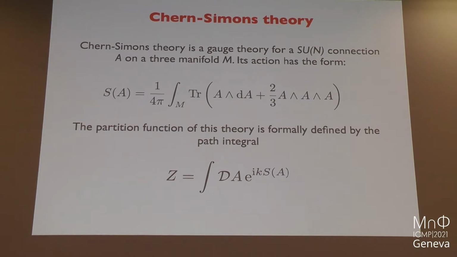I cannot review all this in detail here, but what you can do definitely is, at least formally, to define the partition function of this theory as a formal path integral. So now I will exponentiate this action with a coupling constant k here, and I will take a formal definition of this, and in a sense defining this rigorously is exactly what Martin Heidegger was talking about, but we are not going to deal with the rigorous definition of this theory.